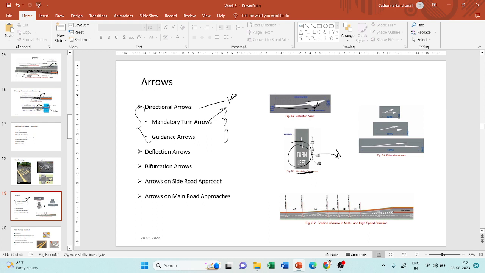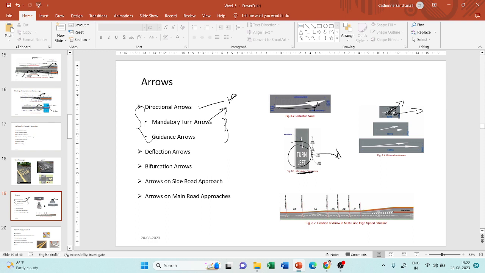bifurcated arrows. Bifurcation arrows are two arrows joined together. Mostly they are provided in signals, where they try to guide you for through movements and turning movements.